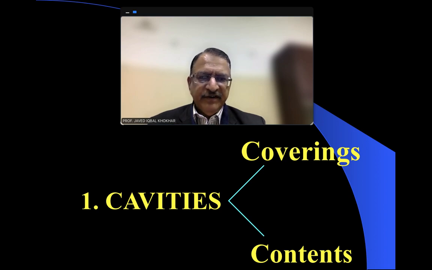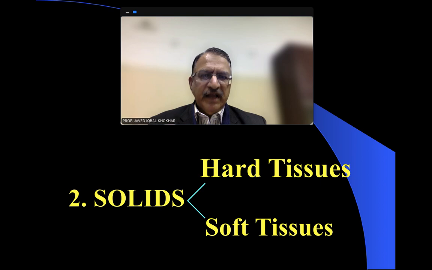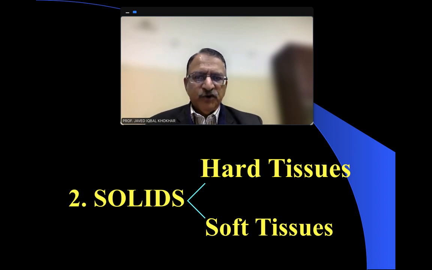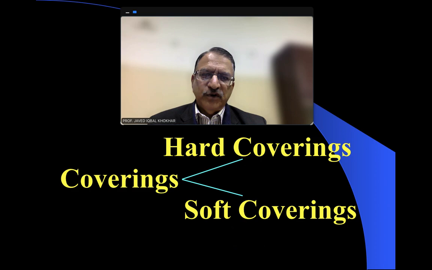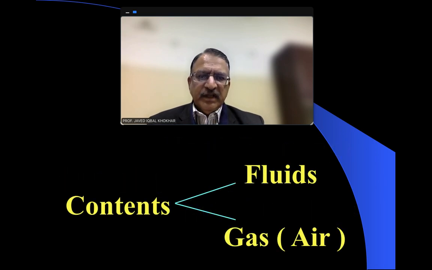Cavities have covering and there are contents within the cavities, and the contents may be solid, hard tissues or the soft tissues, and the covering can be the hard covering or the soft covering, and these contents can also be fluids or the gas, the air.